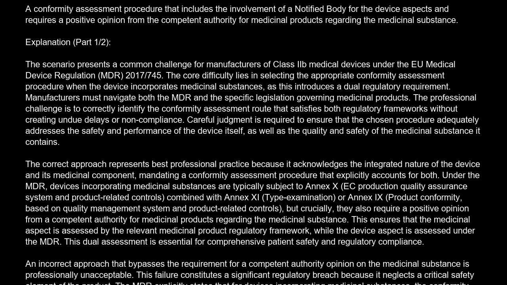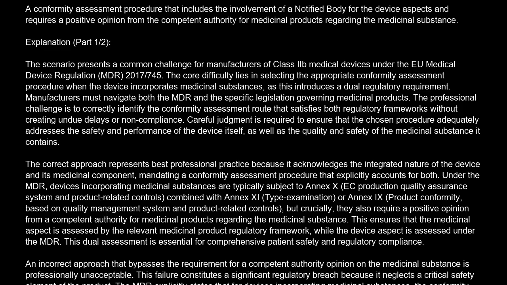Manufacturers must navigate both the MDR and the specific legislation governing medicinal products. The professional challenge is to correctly identify the conformity assessment route that satisfies both regulatory frameworks without creating undue delays or non-compliance. Careful judgment is required to ensure that the chosen procedure adequately addresses the safety and performance of the device itself, as well as the quality and safety of the medicinal substance it contains.